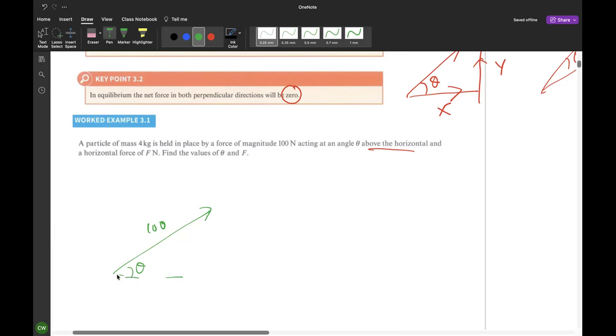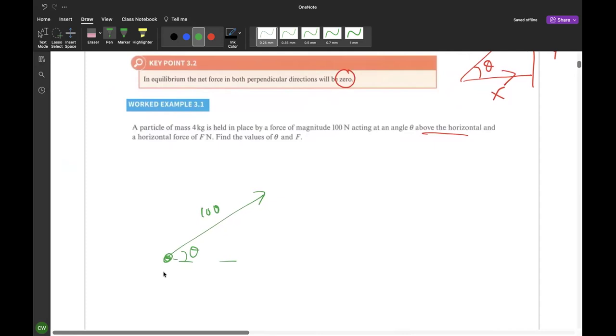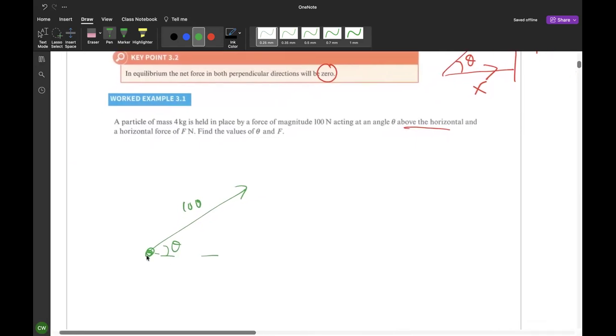Mg goes down. Another force F should be like that. Find theta, find F.